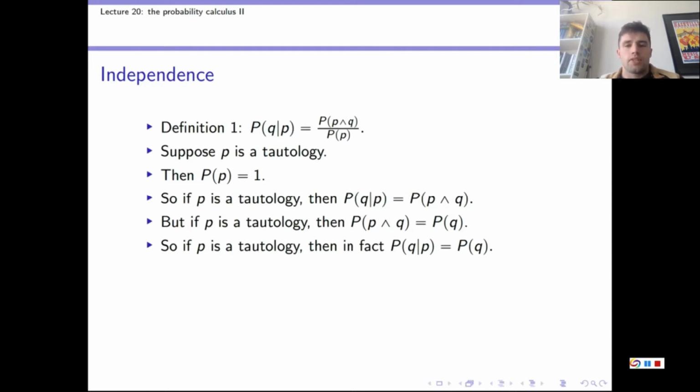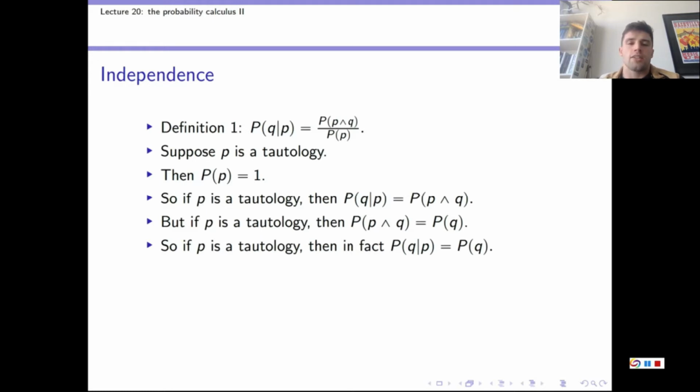So now if P is a tautology and Q is a statement, then the probability of Q given P is just the probability of Q. This means intuitively that learning P tells you nothing about the probability of Q. It's just assigned the same probability that it was when you didn't take into account whether P obtains or not.